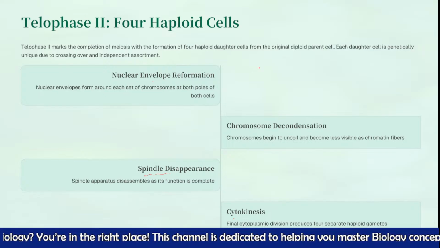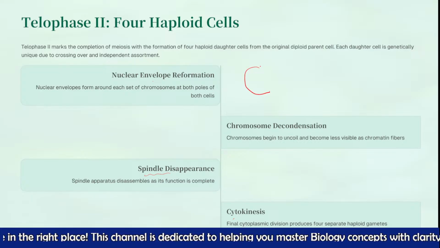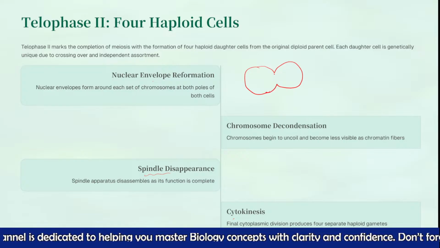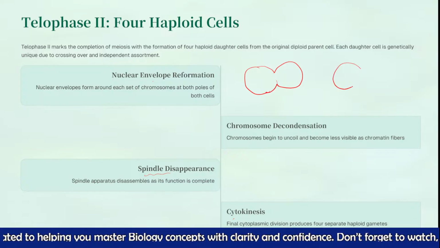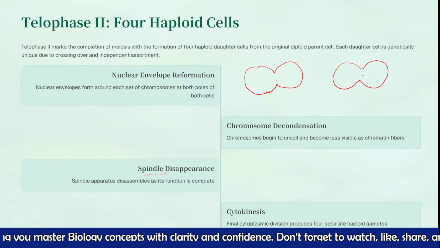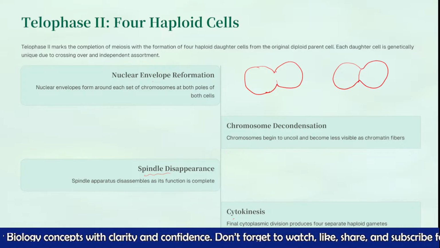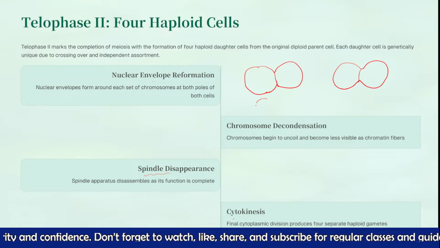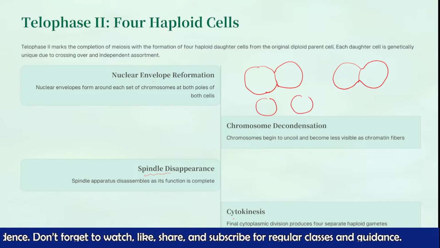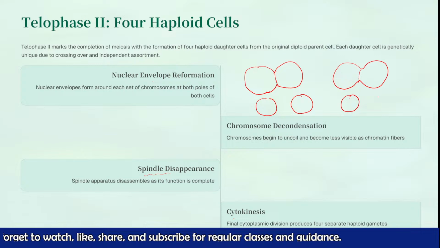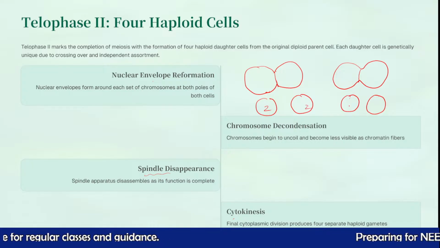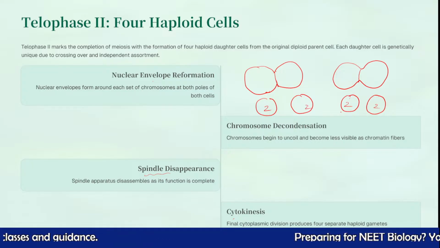So here you can see the mother cell, this is one cell. One cell undergoes division, giving daughter cells, and finally cytokinesis, the cytoplasmic division, takes place, and we get two cells from here and another two cells from there. So in total 4 cells are there, and the 4 cells have half the number of chromosomes.